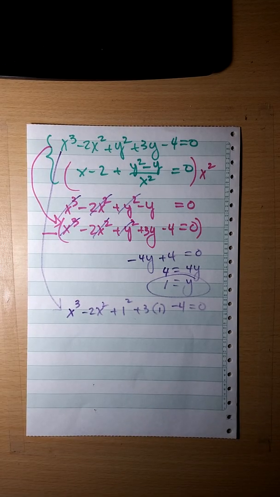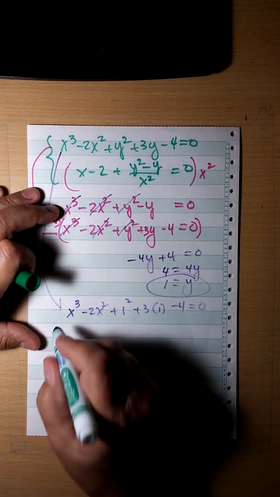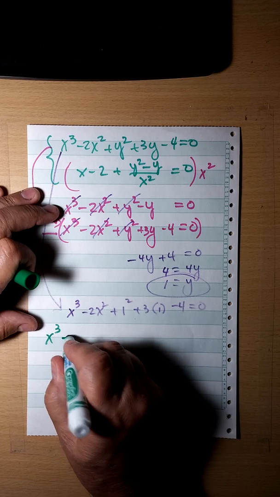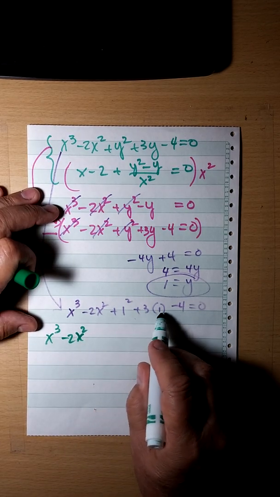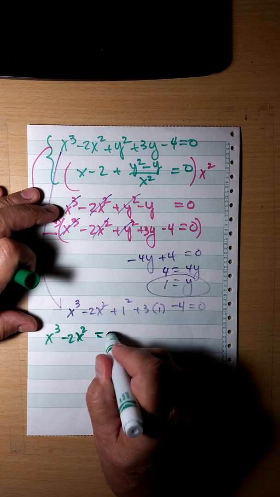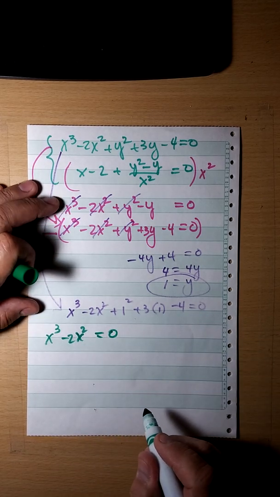Let's solve that thing. X cubed minus 2x squared. 1 and 3 is 4, minus 4 is 0, equals 0.